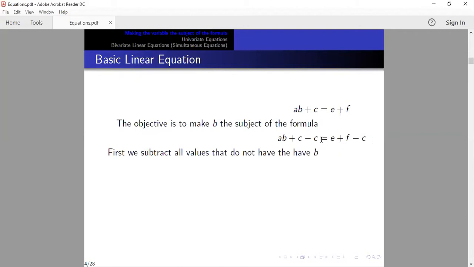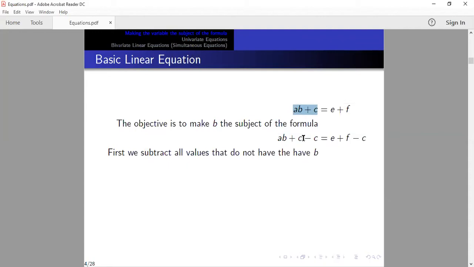Now, I want you to note, we subtracted C on the left. Remember, this is the left-hand side.